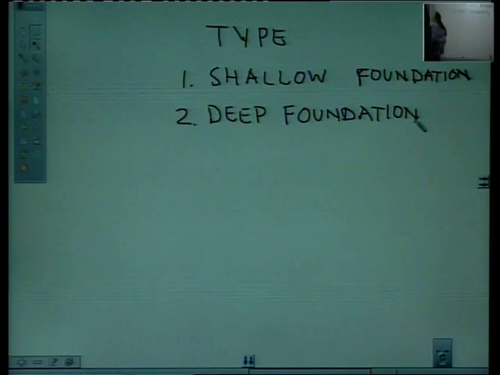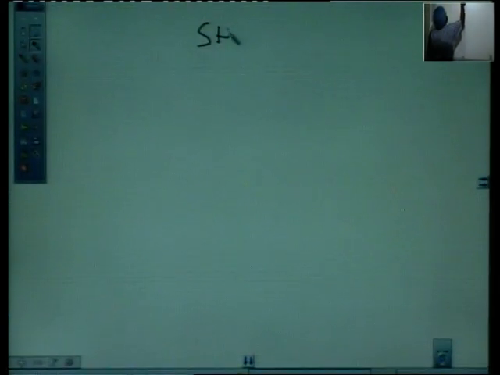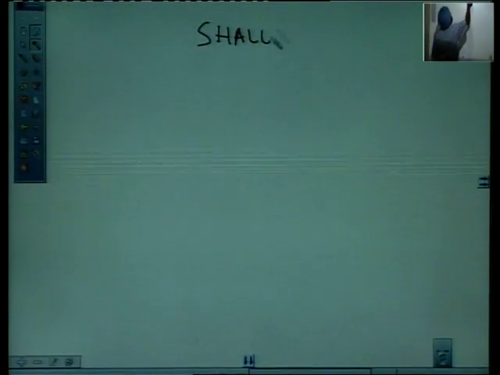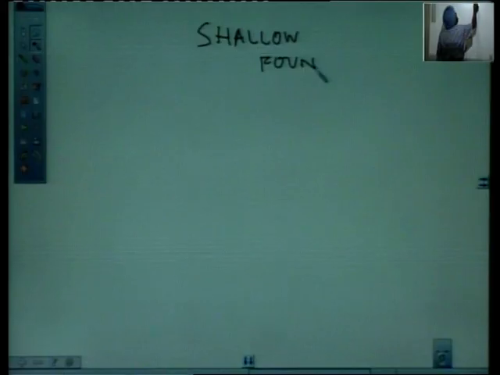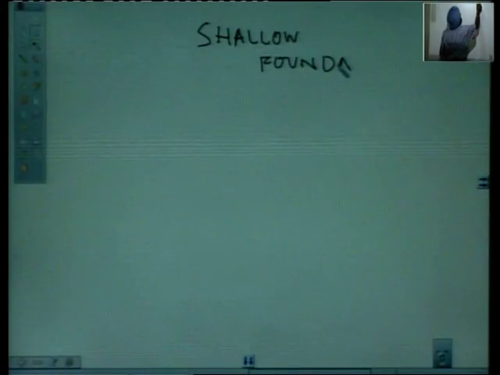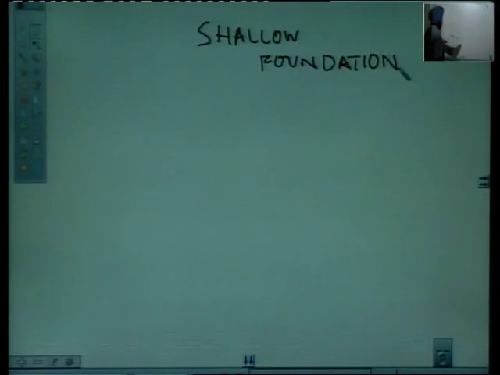Let us discuss shallow foundation. In shallow foundation, depth is relatively less. It has various types.